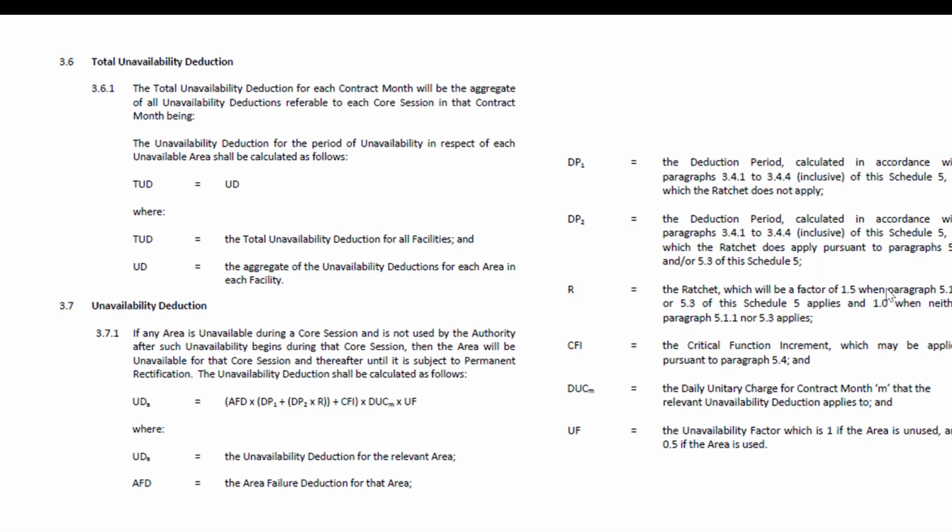This is 1.5, so that means our availability charge could be reduced by 1.5 for this ratchet factor. And if it's a really critical thing like the lights in the surgery room or something, you can have some kind of deduction for that. And then this is just the charge itself, and we have an unavailability factor.